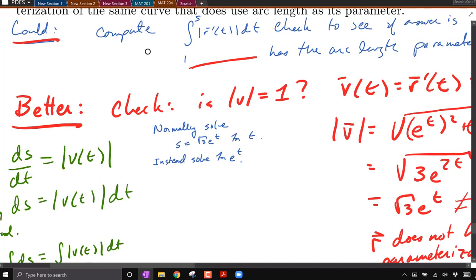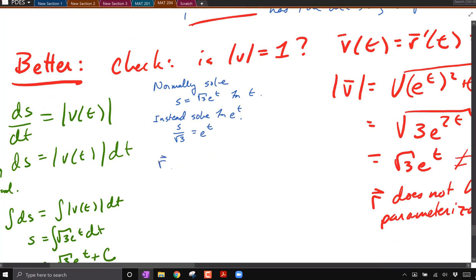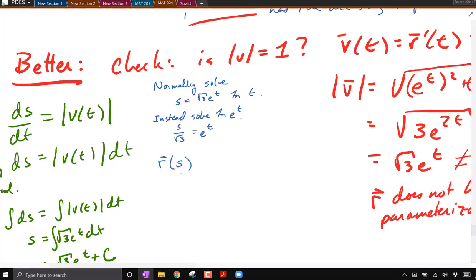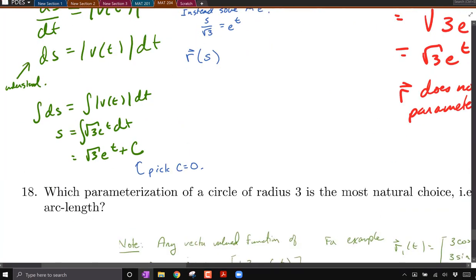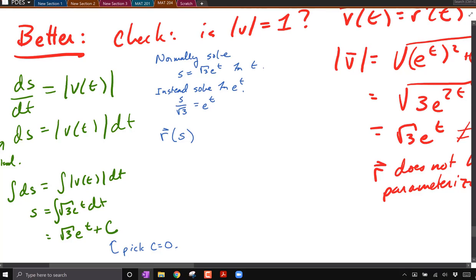So instead, I'm just going to solve for e to the t here, so I get that s over the square root of 3 is equal to e to the t. Now I'm going to take my curve, and instead of r of t, I'm parameterizing it by the arc length parameterization. I've chosen an expression s over the square root of 3 so that the speed then is 1.